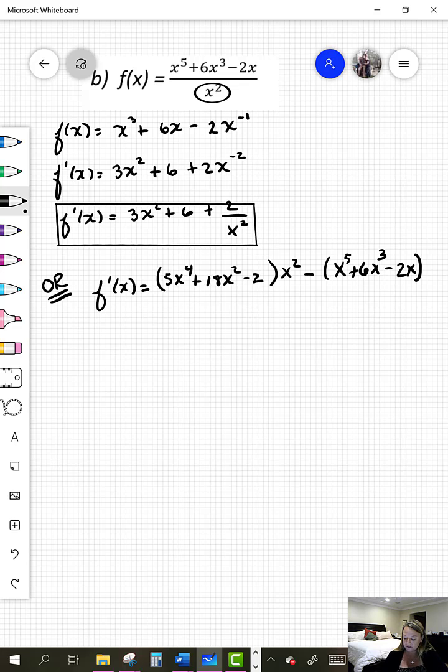The derivative of x squared is 2x, all over the denominator, x squared quantity squared.